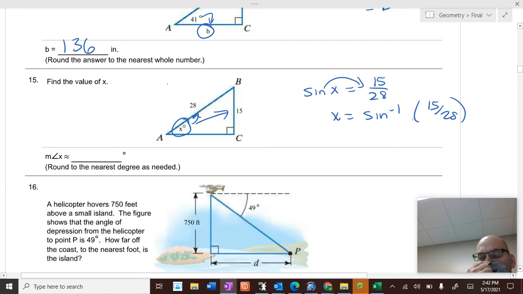If you do that, what do we get? How many degrees is my angle? Inverse sine of 15 over 28. 32 degrees.